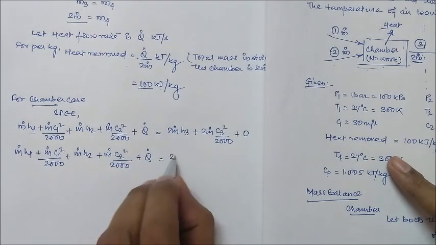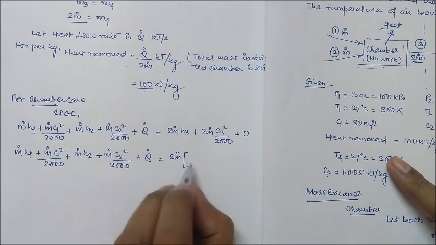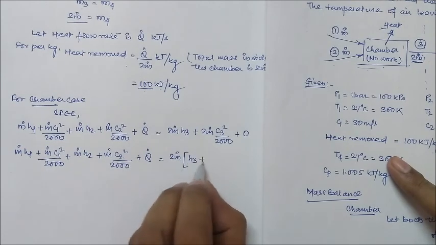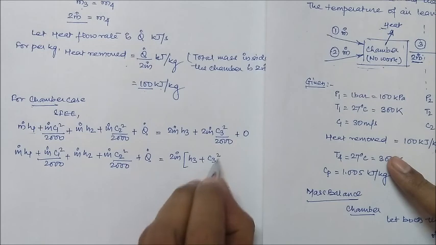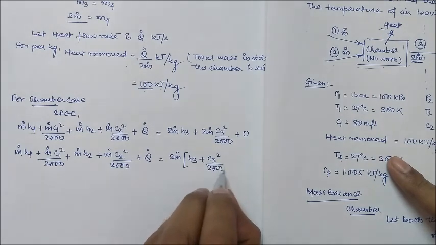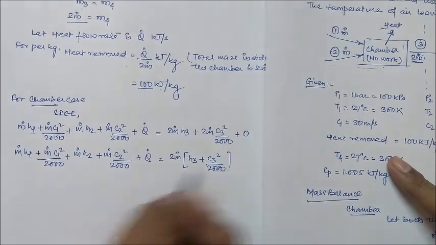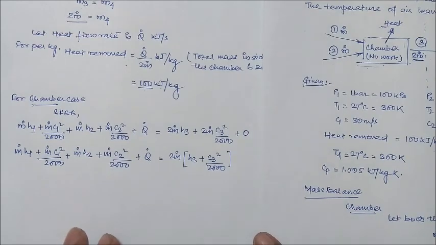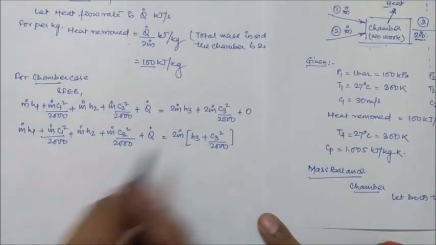Taking out 2 m dot as common, it will be H3 plus C3 square by 2000 here. I have taken just 2 m dot as common.